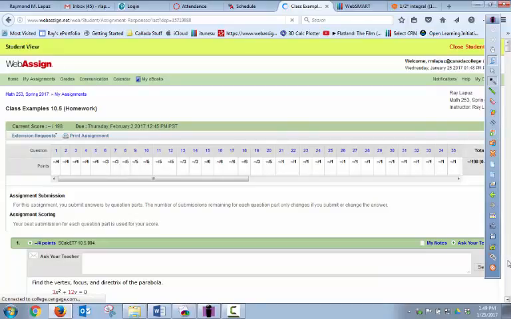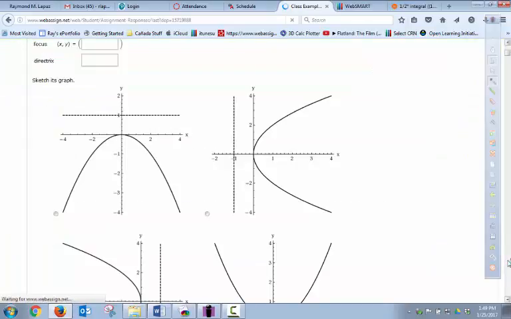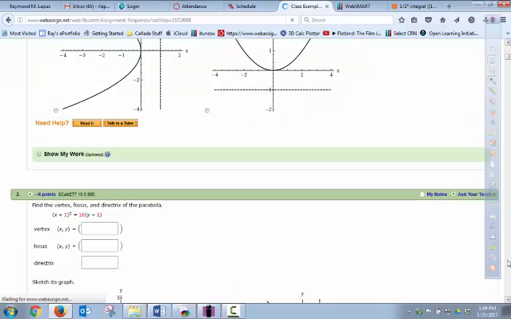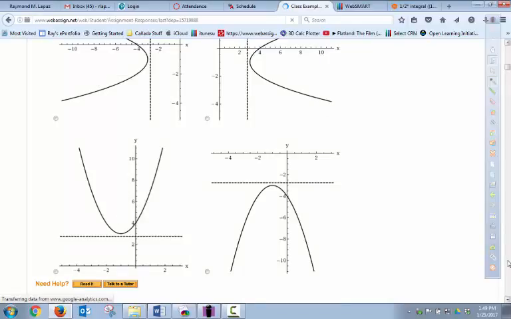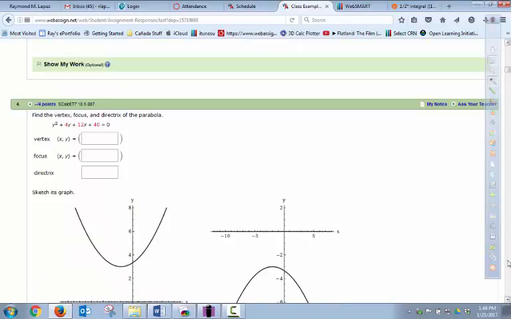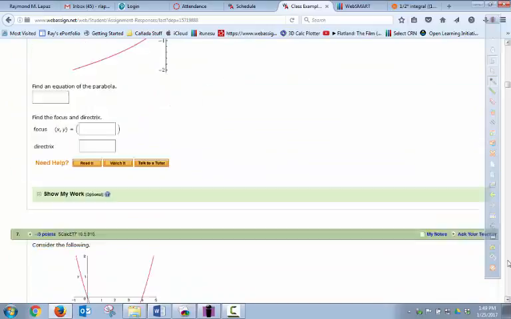If you want to try it, you can go ahead and mess around with it, but it's not going to count towards your grade. Somebody asked about the show your work boxes. Ideally, if I was collecting your work, then that would be the show your work business, but I'm not going to collect it, so you don't need to worry about that.